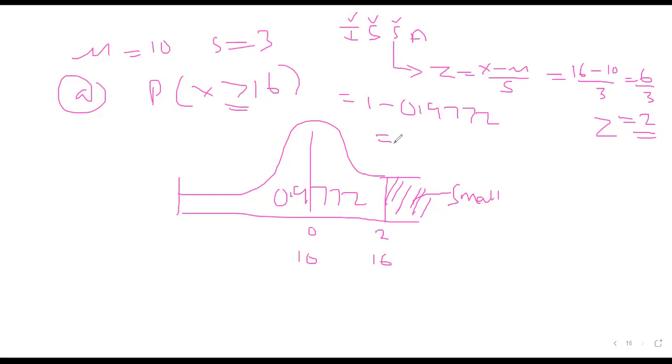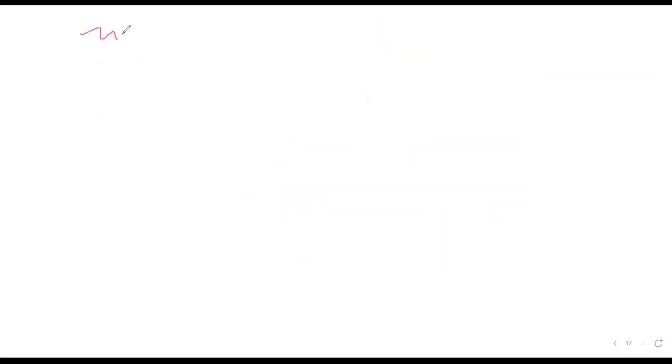Why are we subtracting from 1? Because it's a small shading. So our answer will be 0.0228.